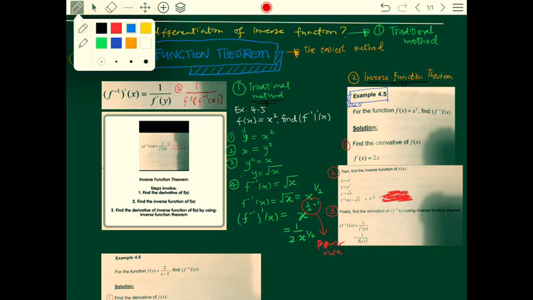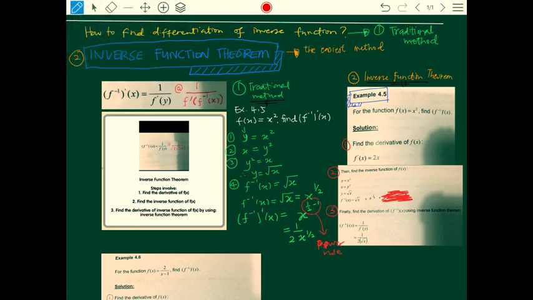Okay, so this is our final result here. And then we go to the final step. You need to find the derivative of f inverse using the inverse function theorem. In the inverse function theorem, this is the formula: it is equal to 1/f prime of f inverse.